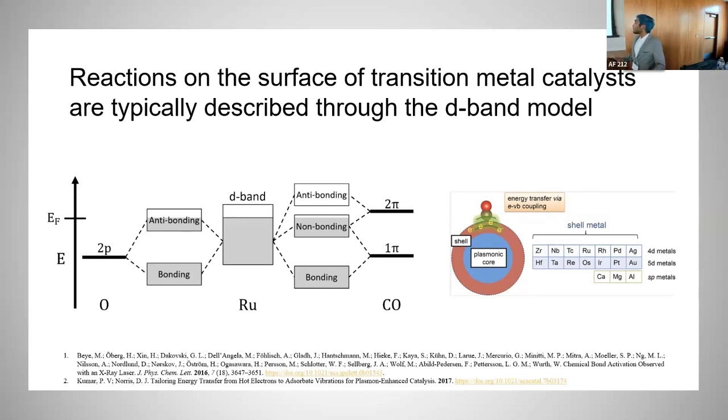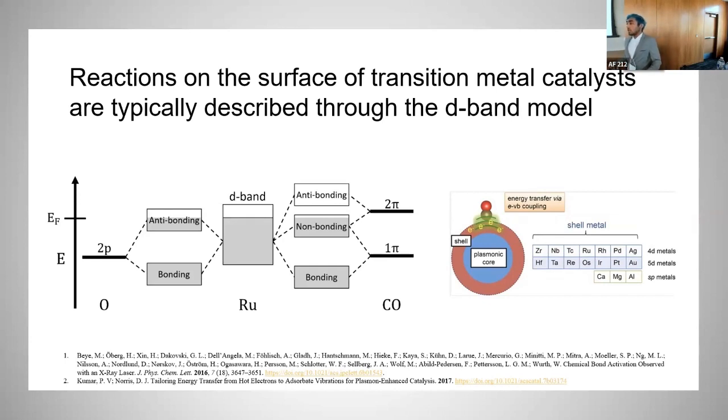And you can see in this diagram here how we have essentially oxygen, CO reacting on a ruthenium surface. And we can have basically those electrons from the ruthenium being deposited into what's called the D band.